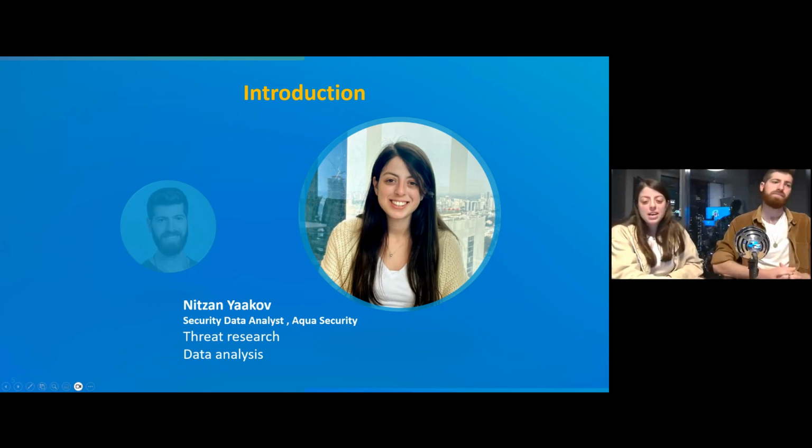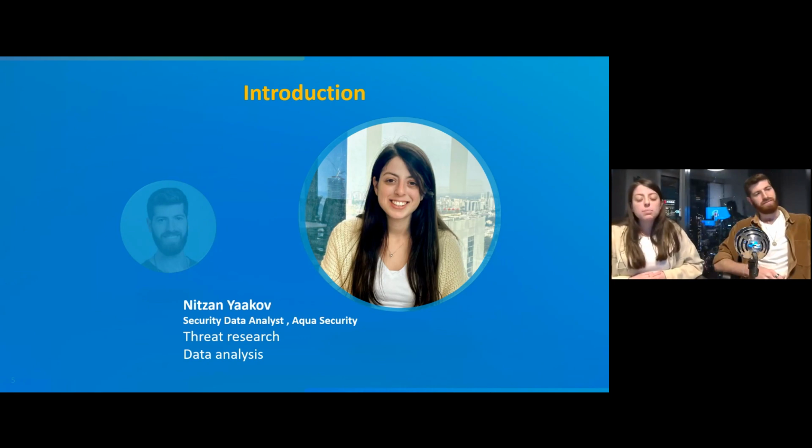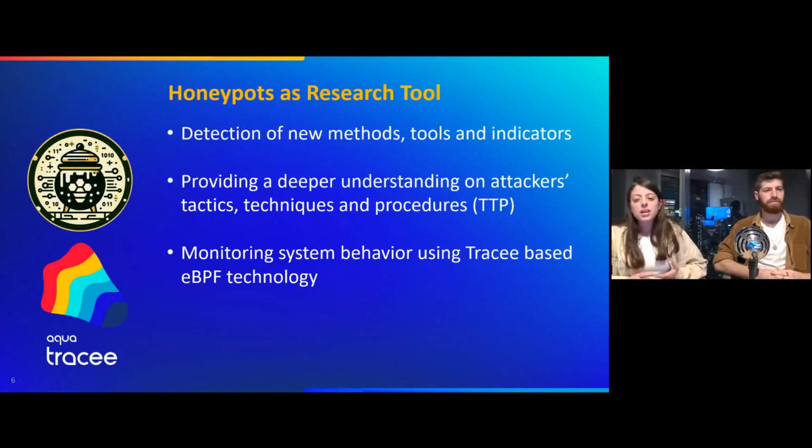Hello, everyone. I'm Nitzan Yakov. I'm a security data analyst at Aqua Security. As part of my work, I do threat research and data analysis in order to detect new attacks in the wild and investigate them. One of the tools we use that helps us find those attacks is the honeypot. A honeypot is a common technique which we use to attract attackers to implement their attacks on our honeypots, which provides us information about various things.